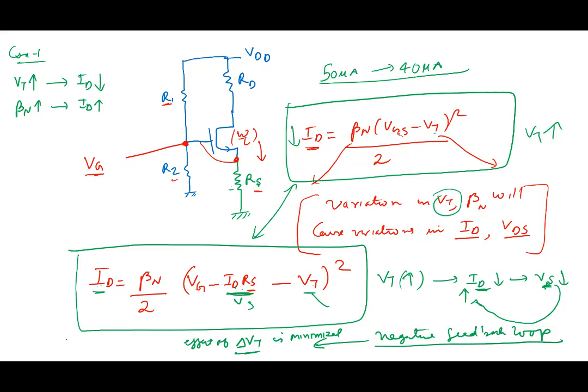So there is a negative feedback loop which has been put, which is trying to minimize the effects of these variations. So that's why we put this Rs there. Often in the biasing we put this Rs term there to include in biasing.